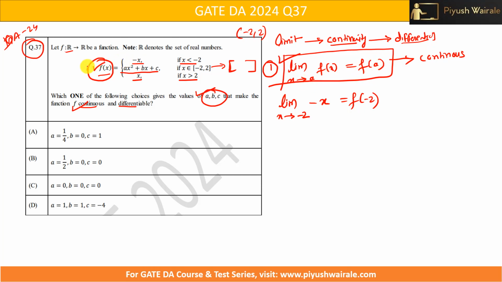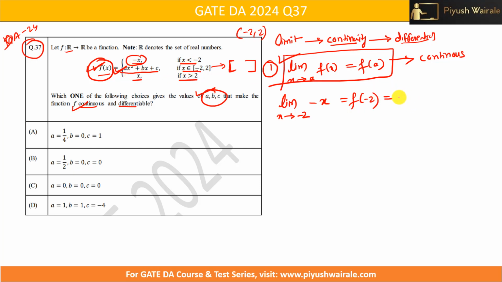So from this particular f of x, can I write like this? Limit x tends to minus 2 of minus x equals f of minus 2. But what is f of minus 2 here? We need to use this particular equation because the function is defined there at x equals minus 2. So just put the value x equals minus 2 in this function.